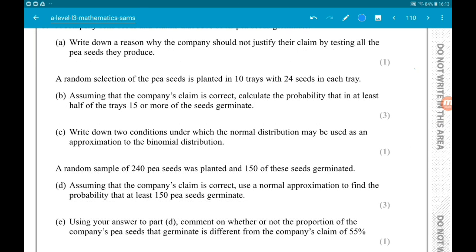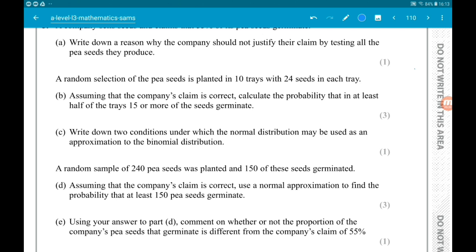Okay, then for part B, a random selection of the pea seeds is planted in 10 trays with 24 seeds in each tray. Assuming that the company's claim is correct, calculate the probability that in at least half the trays, 15 or more of the seeds germinate. Okay, so what we're going to need to do for that is binomial distribution twice.